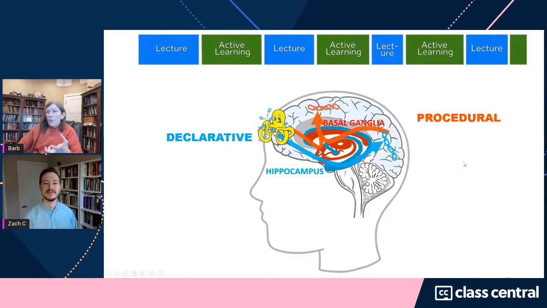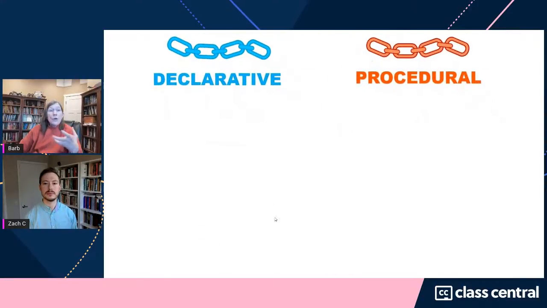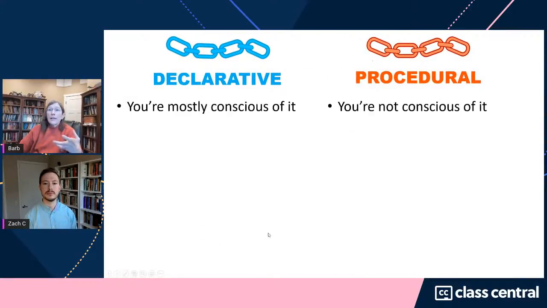And as it turns out, you need both types of sets of links in order to be able to learn something well. When you learn something declaratively and also procedurally, you can be both flexible and fast with what you've learned. So in fact, it's a little like this.